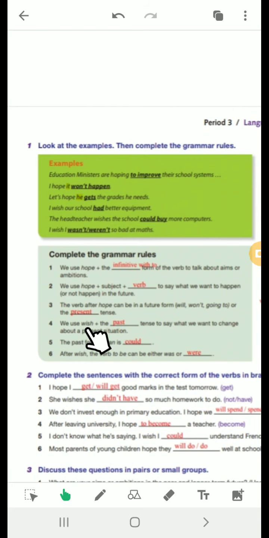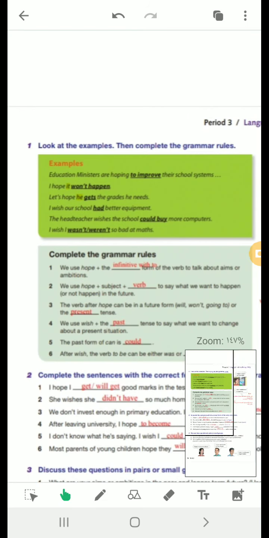Number 4, we use wish plus the past tense to say what we want to change about a present situation. Number 5, the past form of can is could, as we use here, could buy, past form. After wish, the verb to be can be either was or were because it's the past form of verb to be.